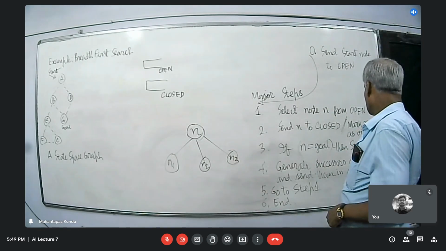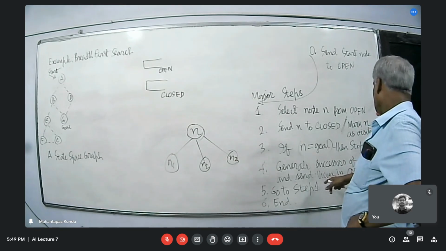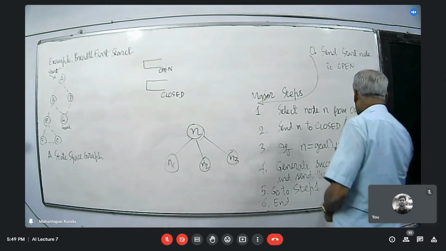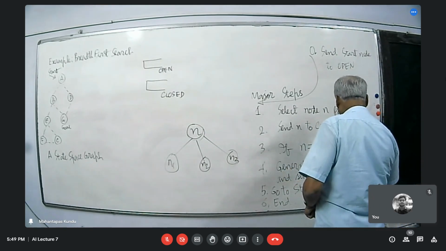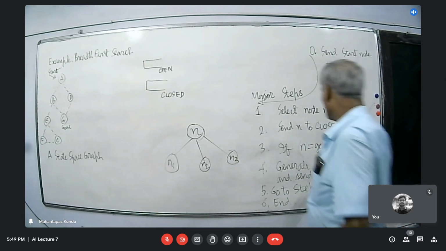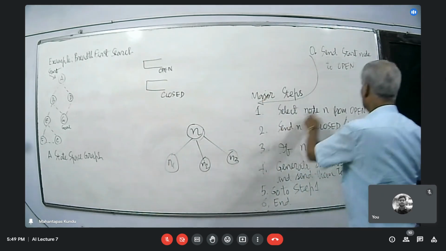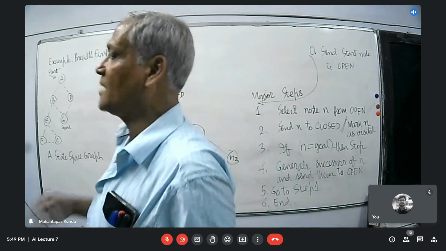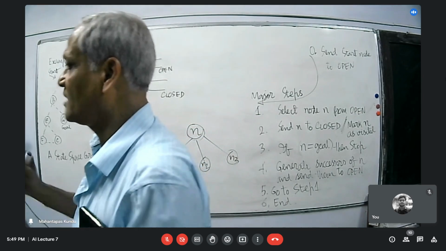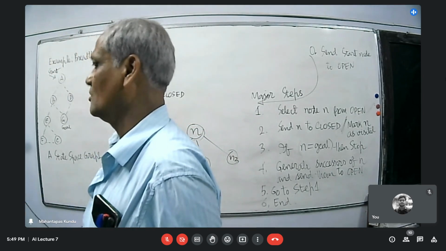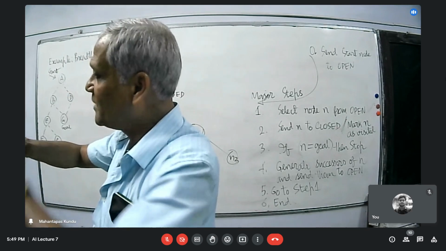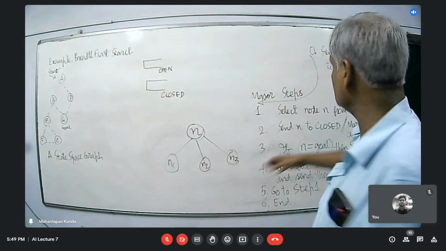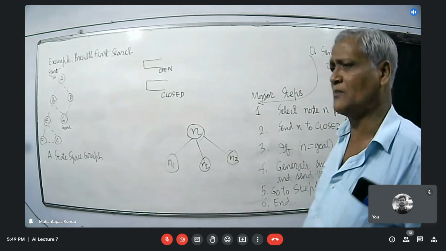So generate successors of N and send them to open, and then go to step 1, that is, again select a node N from open. In this way the graph search algorithm will continue until it finds a goal node or the entire open list gets emptied. I shall explain this, but these are the major steps of operation.